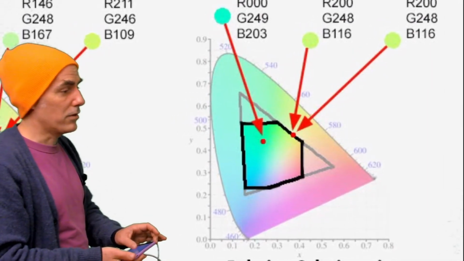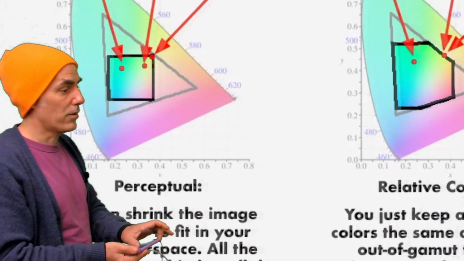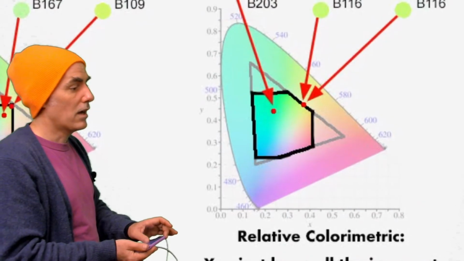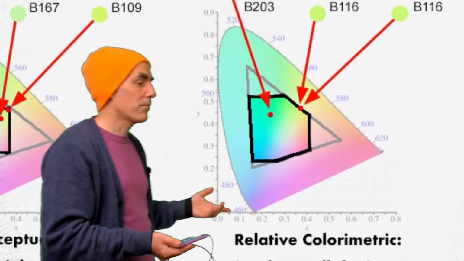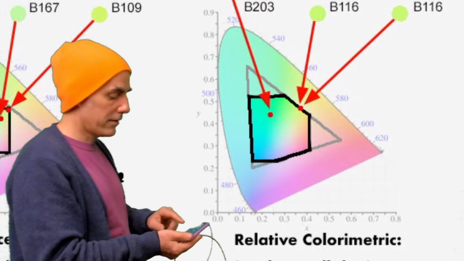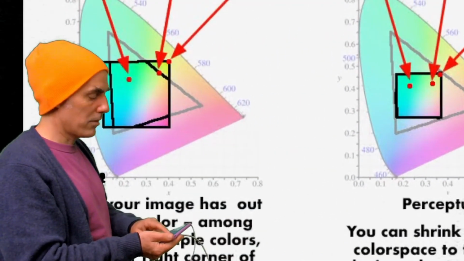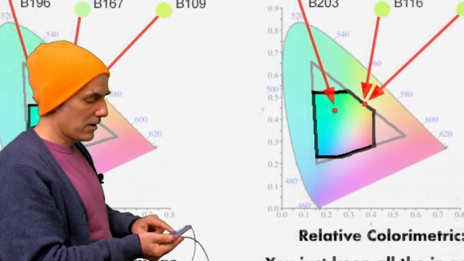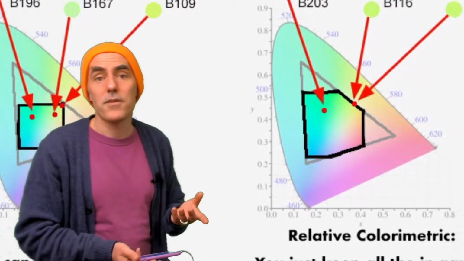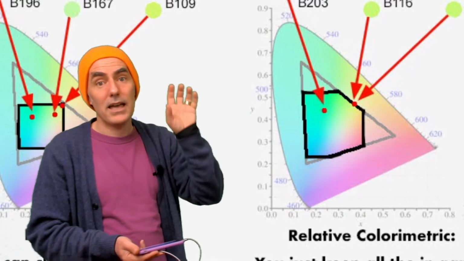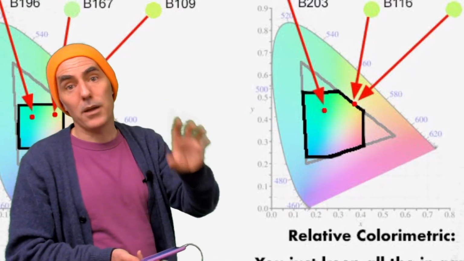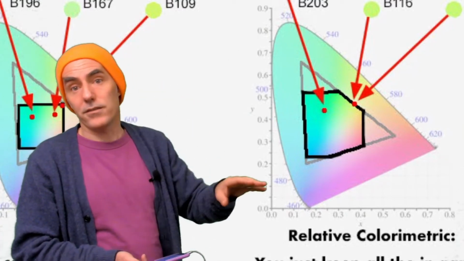Now, the other option that we have, so that was perceptual, is relative colorimetric. With relative colorimetric, you'll see it is the same shape as that original square. The only thing that gets adjusted are things that are out of bounds. It can be both your camera and your printer, it doesn't change. It stays.